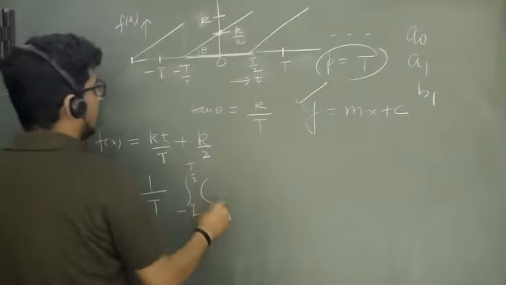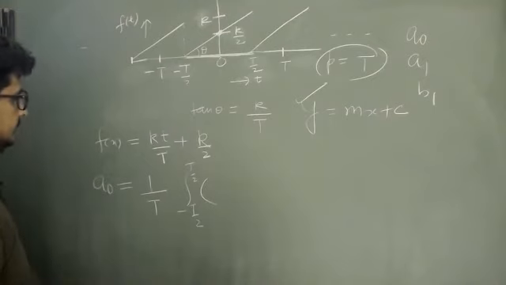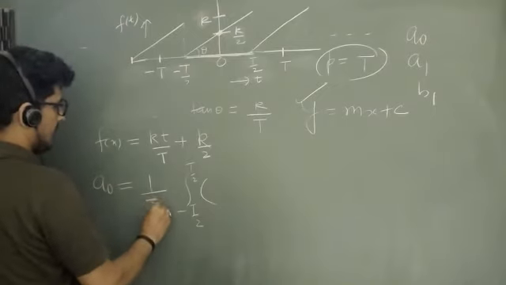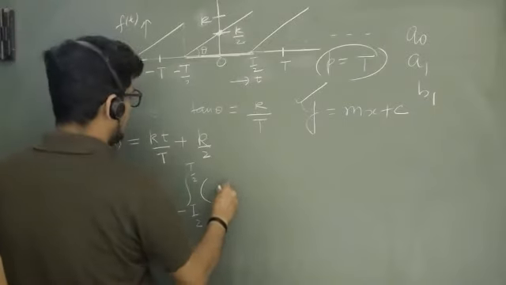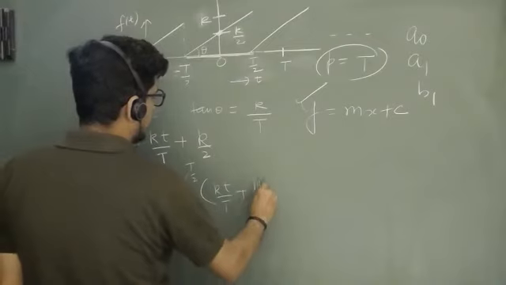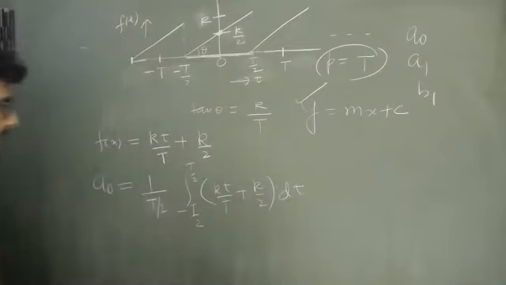L is equal to t by 2, so in 1 by L, in place of L it will be t by 2. So it will become this, and then kt by t plus k by 2 dt, right?